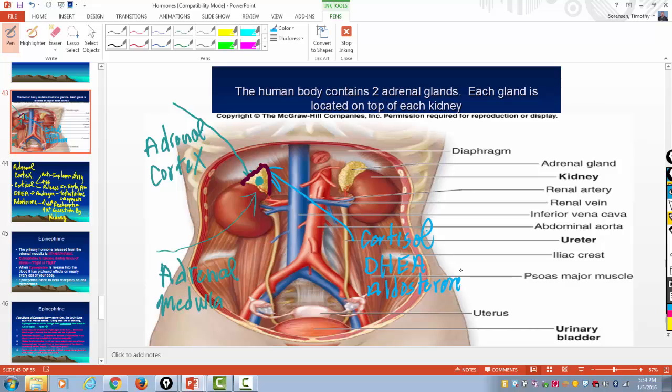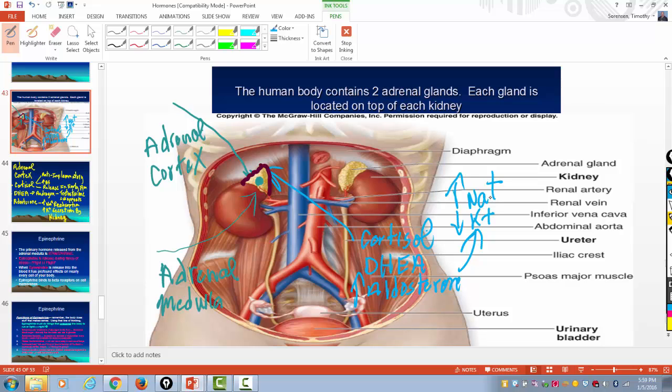So all three of these hormones in a person with Cushing's disease are going to be elevated. If you understand what these hormones do, you'll know what happens when someone has Cushing's disease. One of the things you have to worry about in terms of electrolytes is Cushing's, because they're going to have an elevated level of aldosterone, and that's going to cause increased sodium in the blood and decreased potassium in the blood, right?